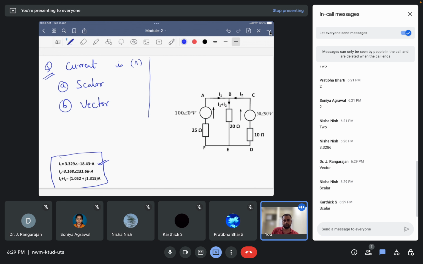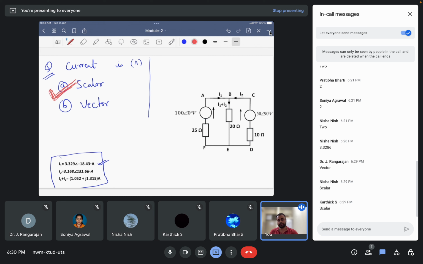Okay, so we are getting 2 scalar, 1 vector. Anyone else? Okay, so the correct answer is current is a scalar quantity.